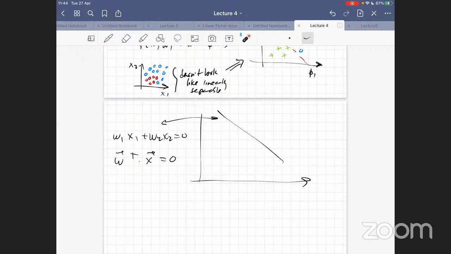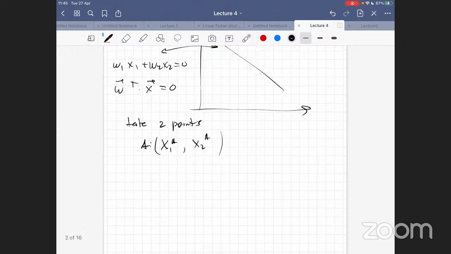Okay. So let me develop this more. Imagine you take 2 points. If I take 2 points, then I have point A, which is x1A, x2A, and point B similar.